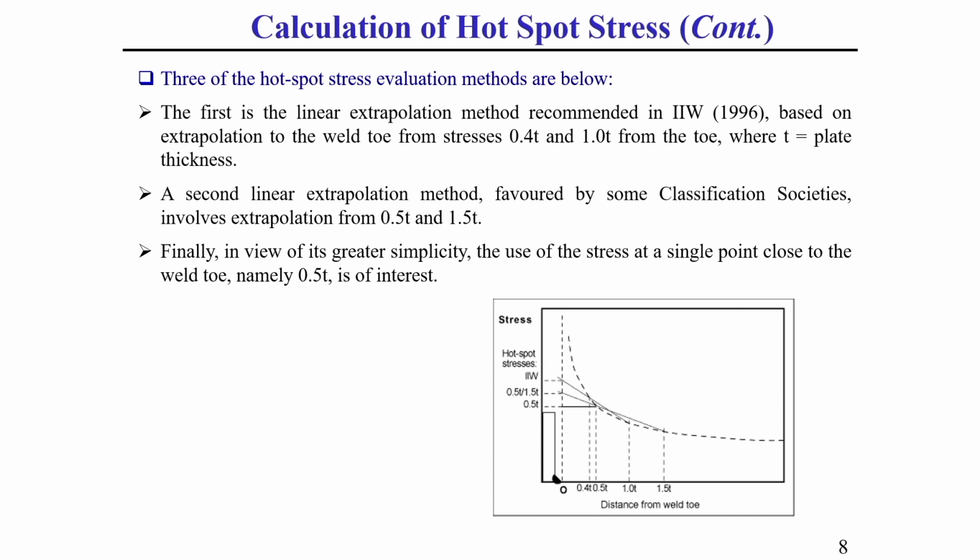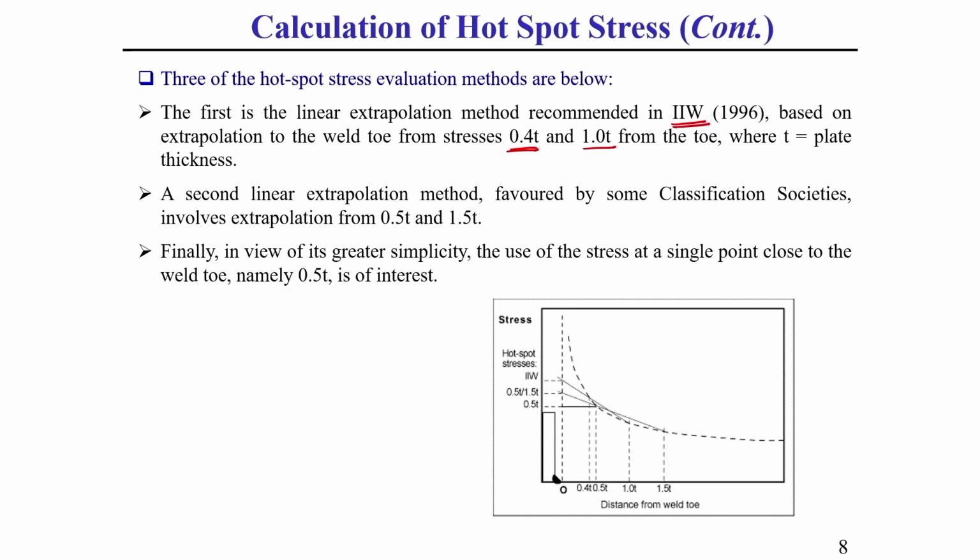So, from here you can observe that according to the International Institute of Welding, the IIW standard, in the linear extrapolation method they choose 2 points at locations of 0.4 T and 1 T. T is the thickness of the plate.